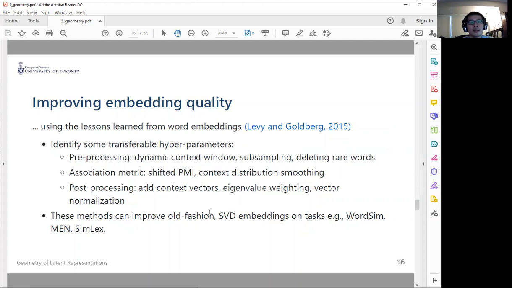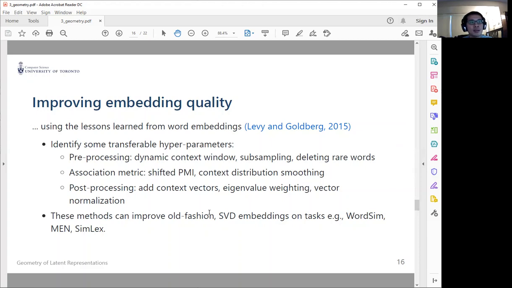And aside from that, we can also improve the embedding quality from the observations and interpretations we get from studying the geometry. So this paper identified some transferable hyperparameters.